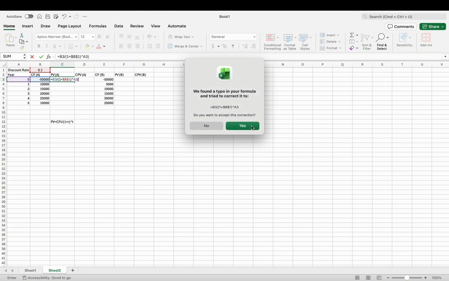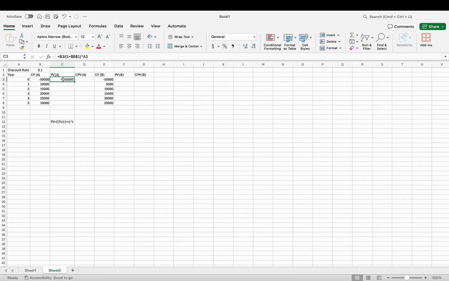Okay, so now we'll just drag the same down to year 5 to get all the present values for project A. Yeah, so we got all the things that we need in project A. Now we go to B. Same thing, I write the formula.